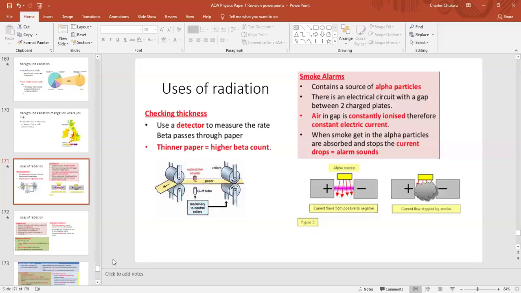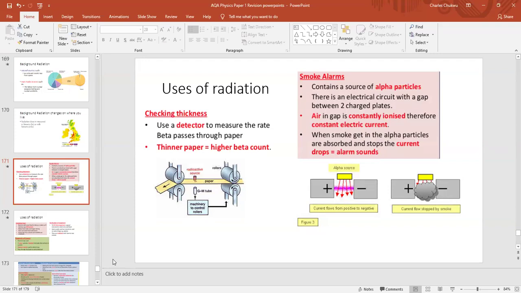Okay, smoke alarms, right? To detect smoke in a building, and I think equally in cameras. So how do they work? Smoke alarms usually contain a source of alpha particles. There is an electrical circuit with a gap between two charged plates. Air in the gap is constantly ionized, therefore there is a constant electric current.